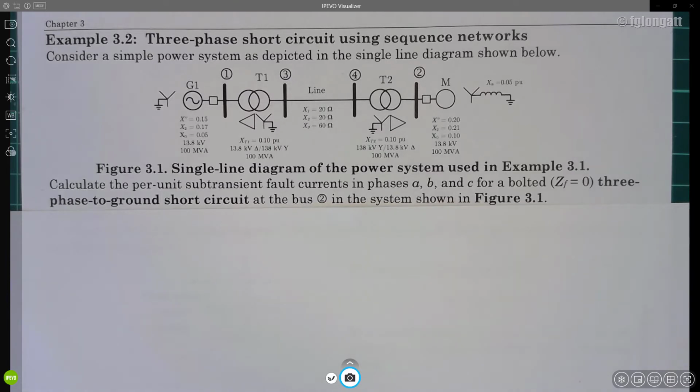I mean, it's mainly three phases bolted together, creating the short circuit. Probably you are wondering why this gentleman is talking about three-phase short circuits. We are expecting that you are talking about line to ground or double line or double line to ground.